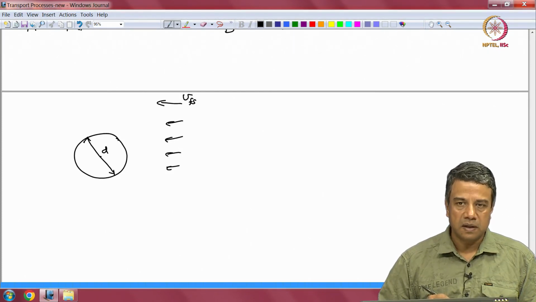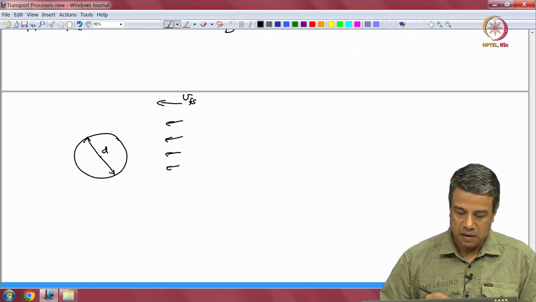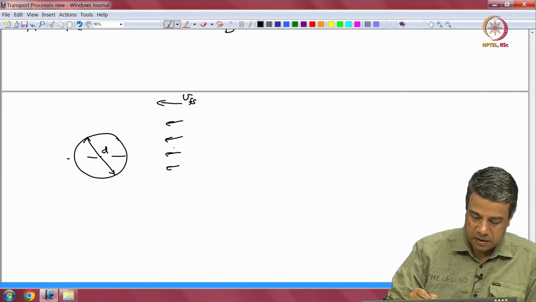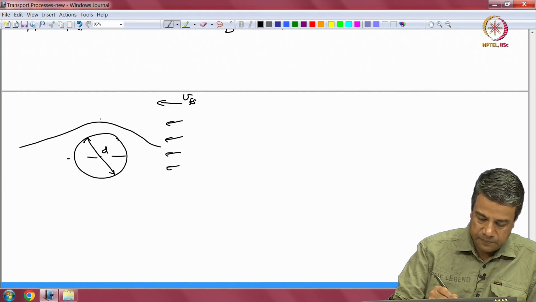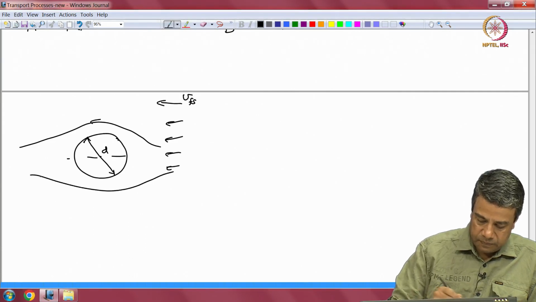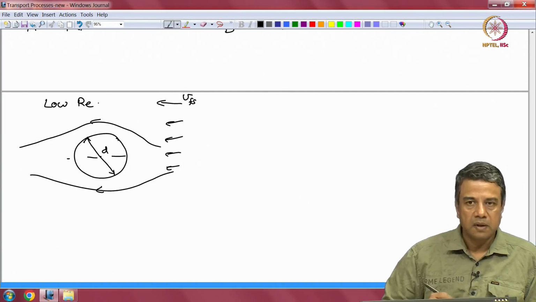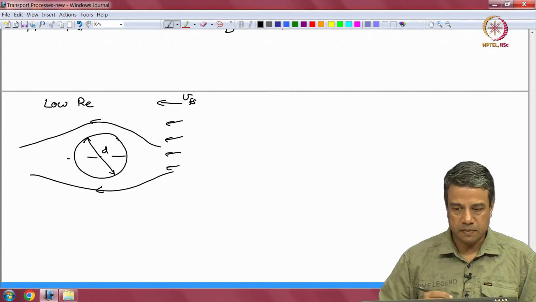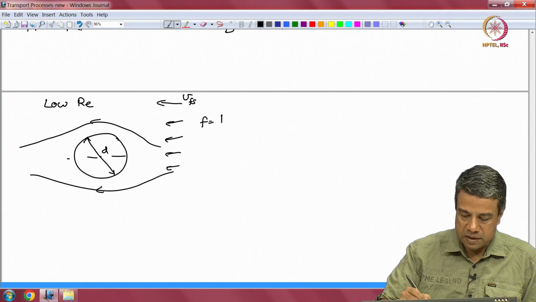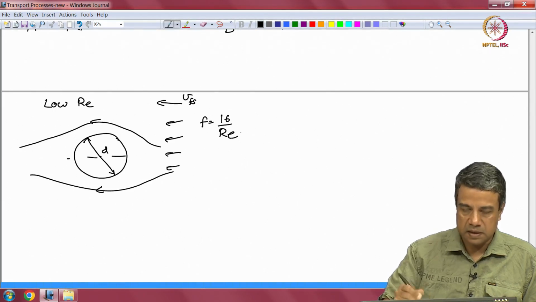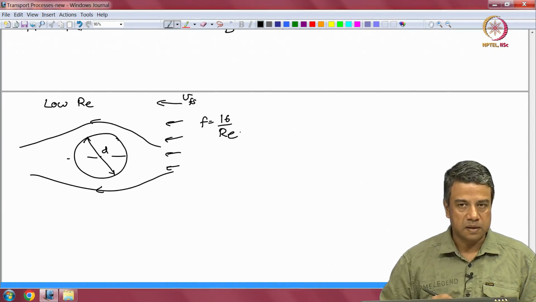If you recall, I told you that for a gas bubble at low Reynolds number, you have symmetric streamlines around the gas bubble. The friction factor is equal to 16 by Re in this case, low Reynolds number.